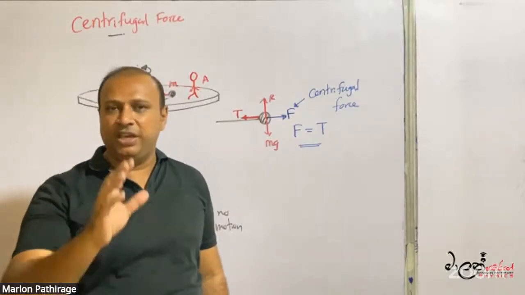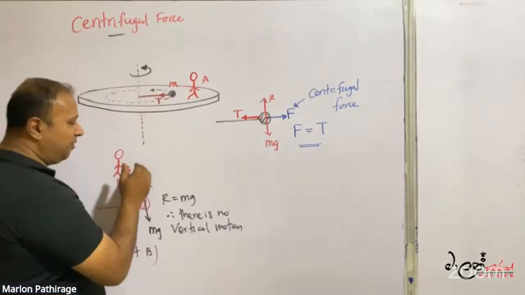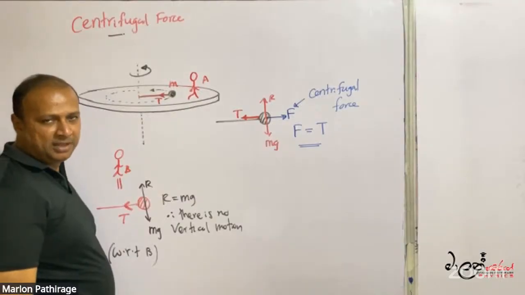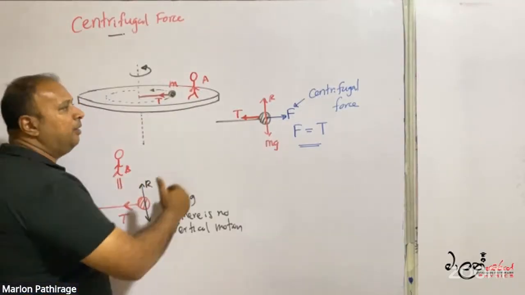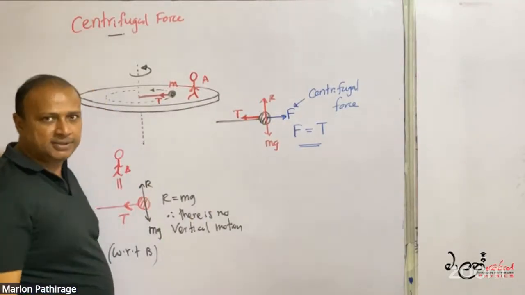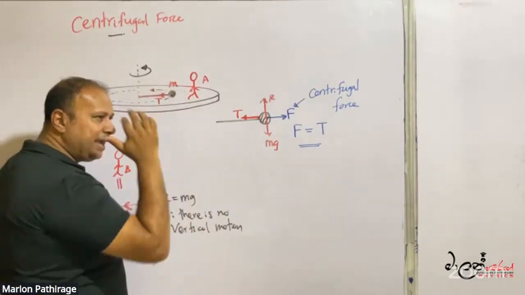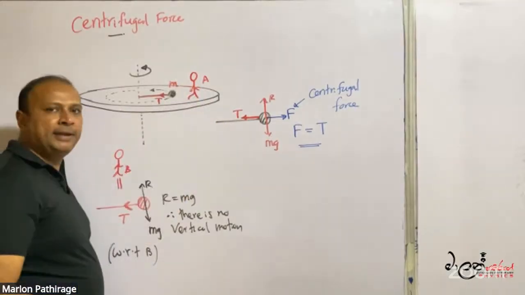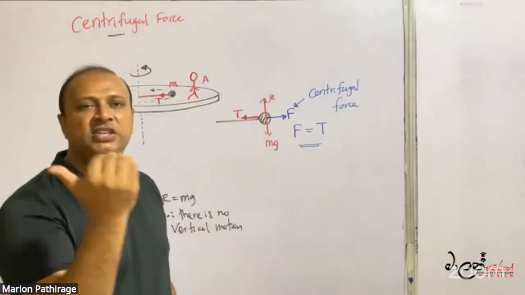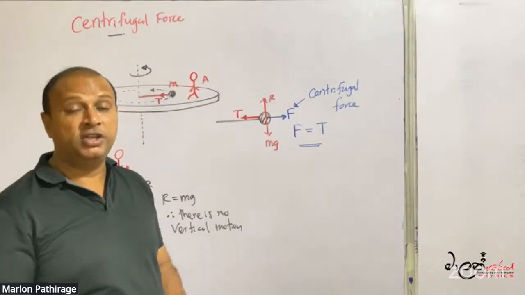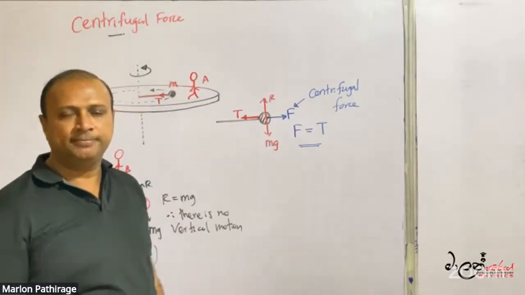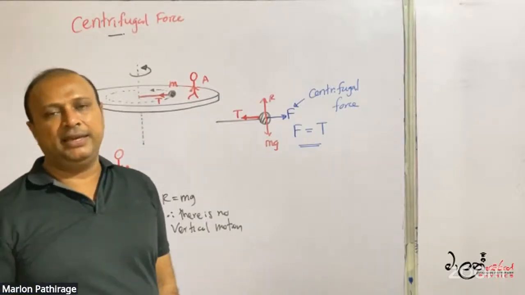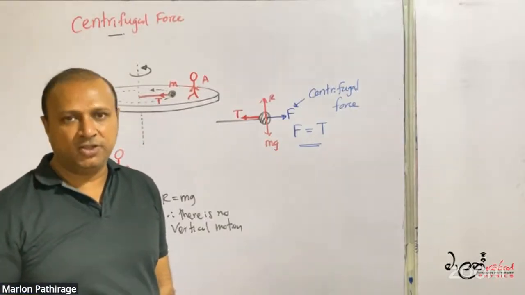We cannot experience centrifugal force if we are in an inertial frame. This force can be experienced only if we are in an object which is in rotational motion or circular motion.